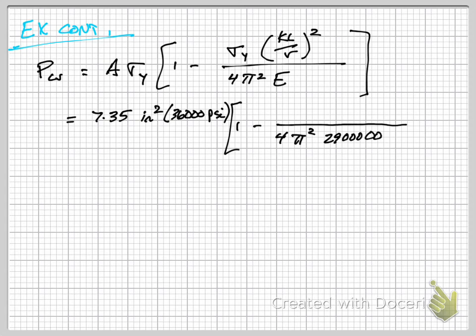I'm writing it in like this so that I make sure I have enough space. This is just easier for me to do the bottom and to estimate my space. 36,000 psi, and then I have to do a KL over R, quantity squared. So R was the 0.78 inches, K was 2, and my L was 48 inches. I think we got all that right.